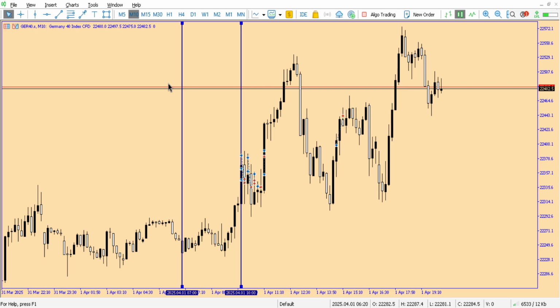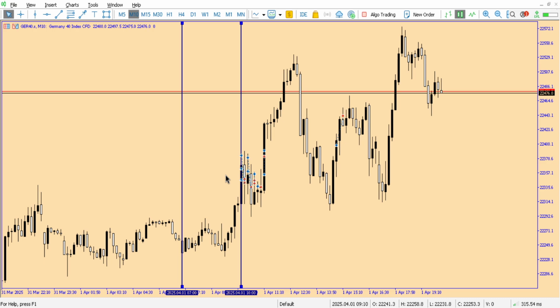the high that you'll get from that area and the low that you get from that range, that is what is going to influence the trades you're going to take. Well, this is not a very new concept. It has been used over the years and it is commonly known as the opening range.